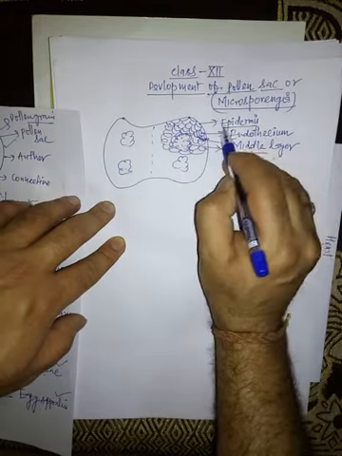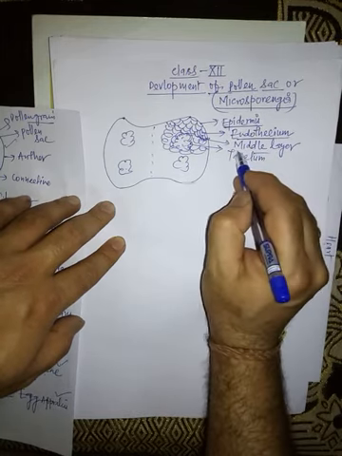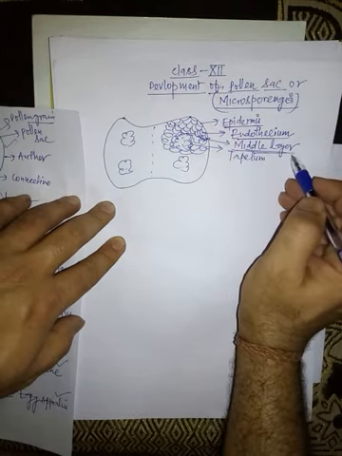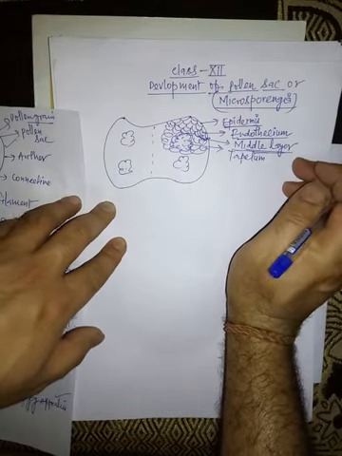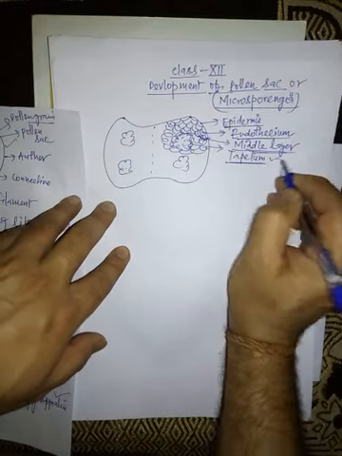So the outermost layer is epidermis. Second outermost is called endothecium. The 3-4 cell layers are called middle layer, and inner layer is called tapetum.